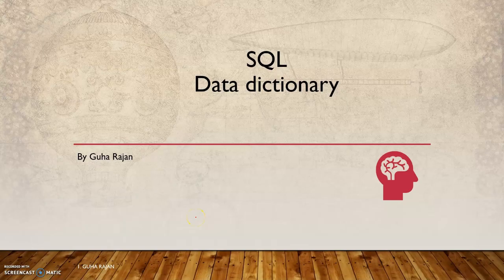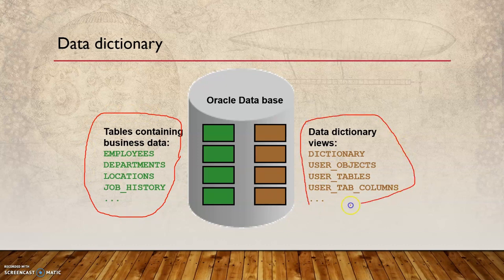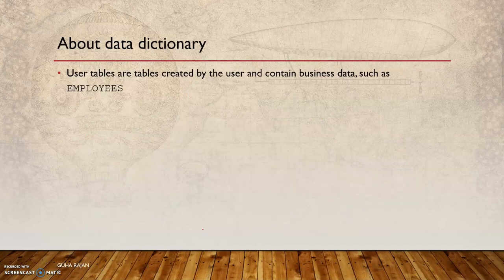So far, we had looked at the user created objects, but Oracle has its own objects towards maintenance of the database, and that is maintained through the data dictionary. You have the user created objects, tables, views, and so on, and then there is also the data dictionary, which is towards maintaining the database plus the user created objects to work efficiently.